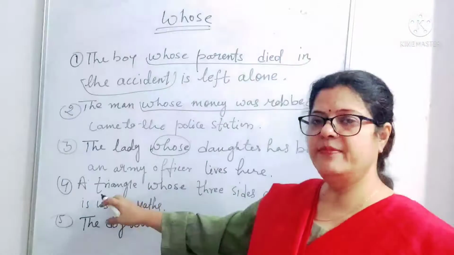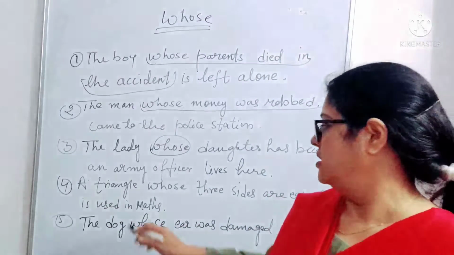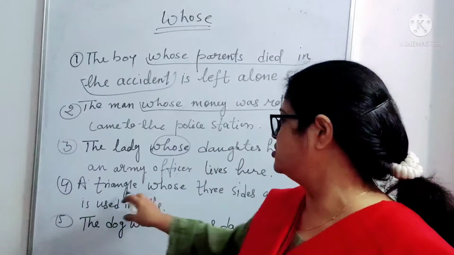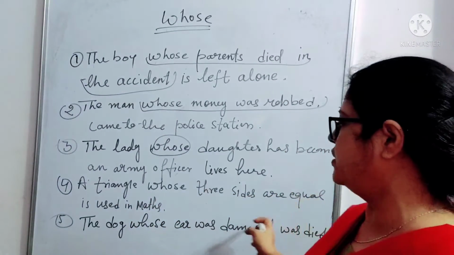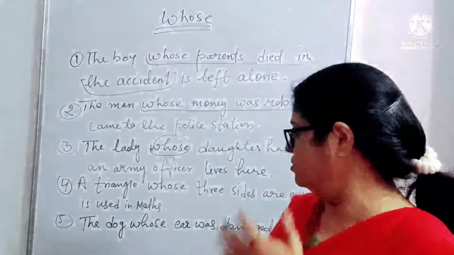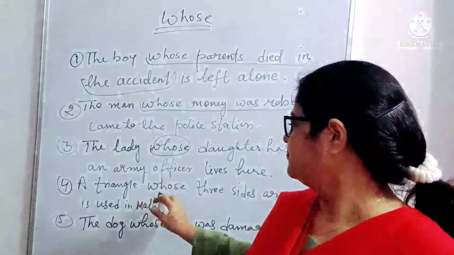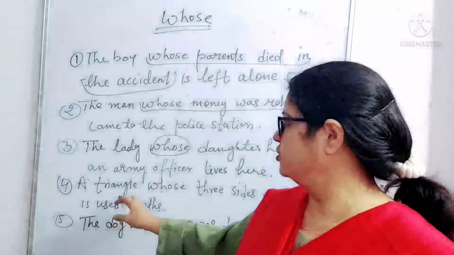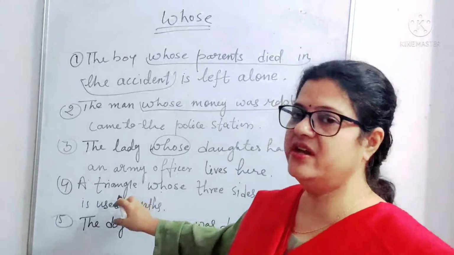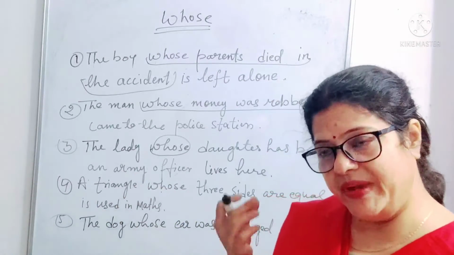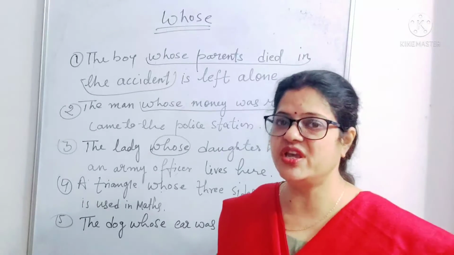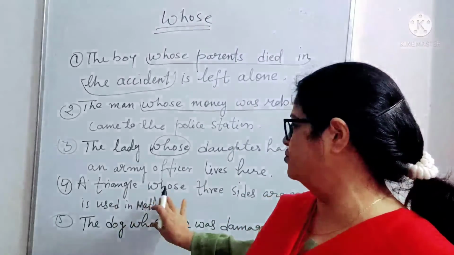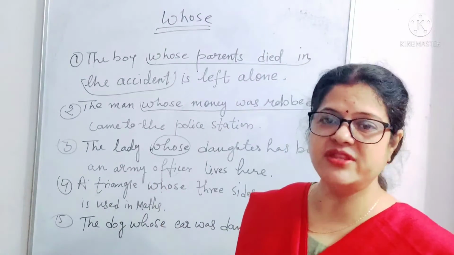But in this number 4 sentence, we can see that a non-living thing, a triangle, is used with whose. A triangle whose 3 sides are equal is used in maths. Just now I told you that the relative pronoun whose cannot be used with non-living things or animals. But I have taken this example because in day-to-day conversation we can use whose with non-living things and with animals too.